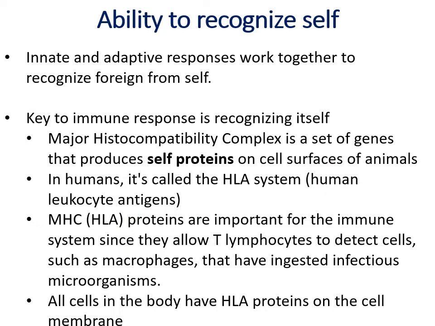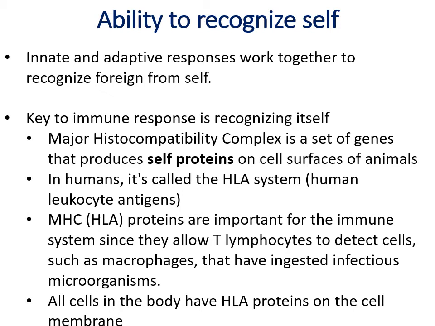Okay, so let's talk about the body's ability to recognize itself from foreign invaders. And really, it's the innate and adaptive immune system that are working together to recognize foreign invaders, such as bacteria or viruses, from cells that belong in the body, right? Their own cells.